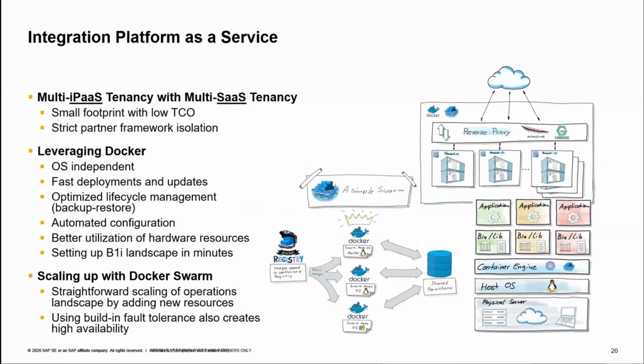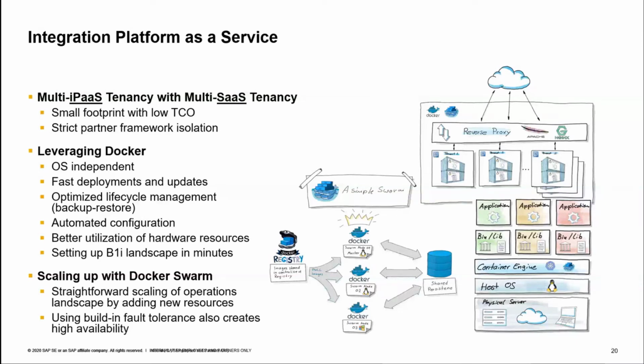Integration platform as a service. One month ago, we had a virtual workshop with the B1i developers, and they showed us how we can actually deploy the integration as an iPaaS service.